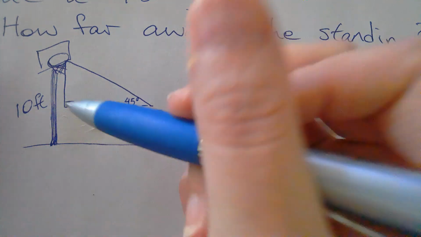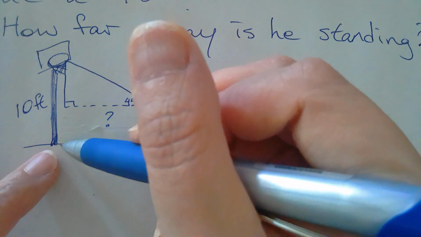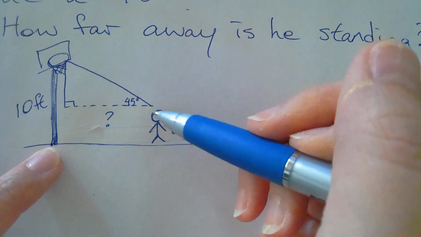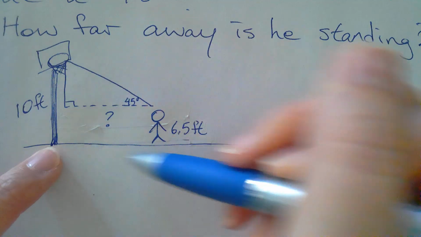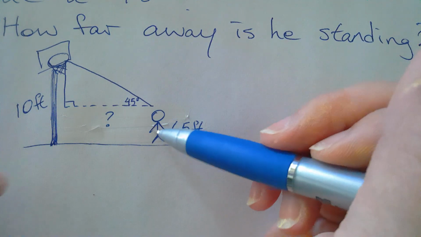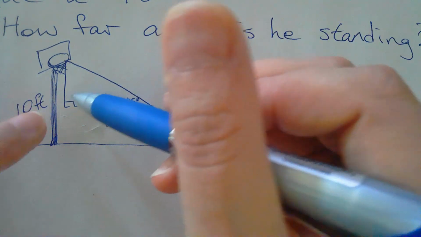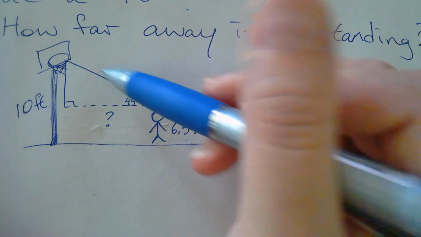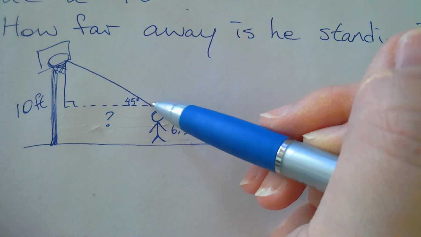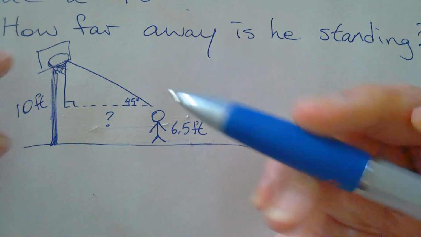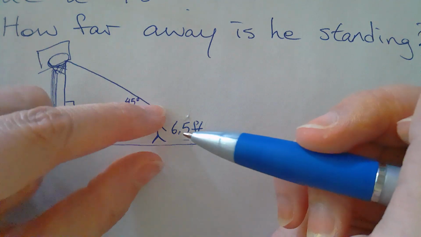As I drew before, this is not a right angle triangle. It's a pentagon, or not a quadrilateral. I need a right angle triangle. So that's why I have a right angle triangle in midair right here. If I know the whole thing is 10 and he's 6.5, what is this part of the right angle triangle? 3.5 feet.